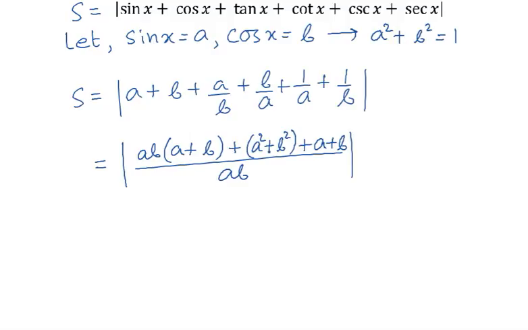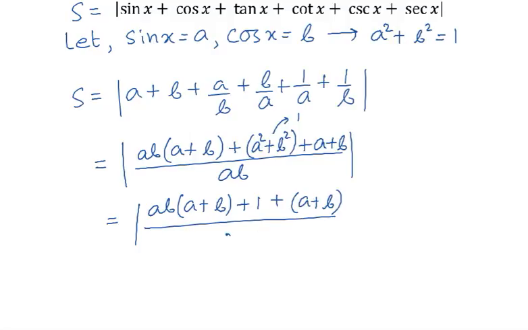And the a square plus b square part will become 1, so on simplification this will become ab into a plus b plus 1 plus a plus b divided by ab, absolute value of that.